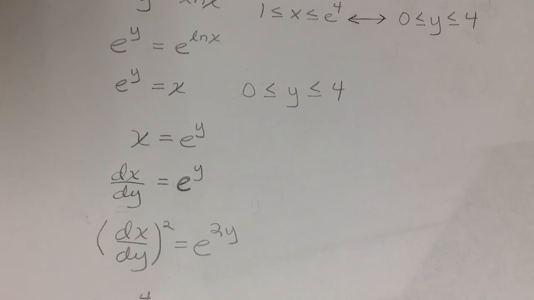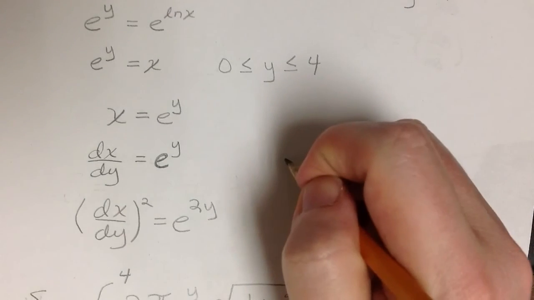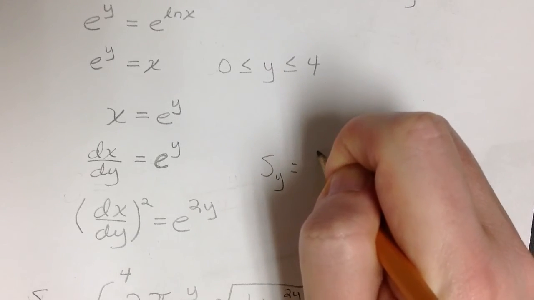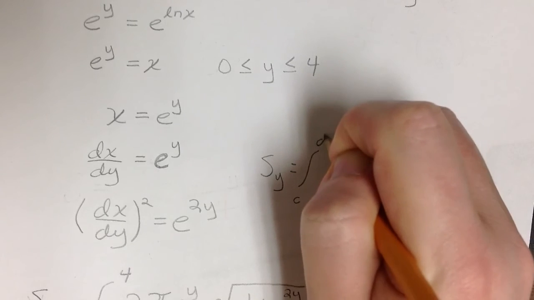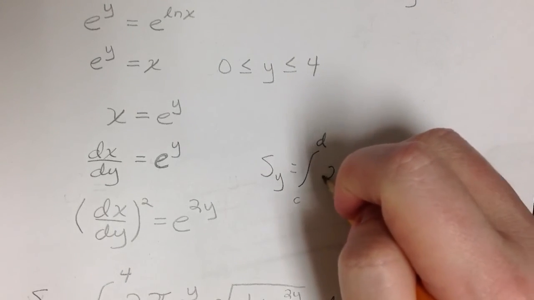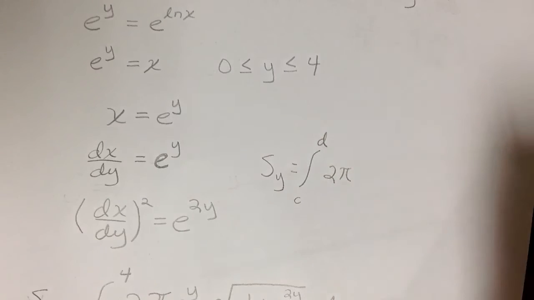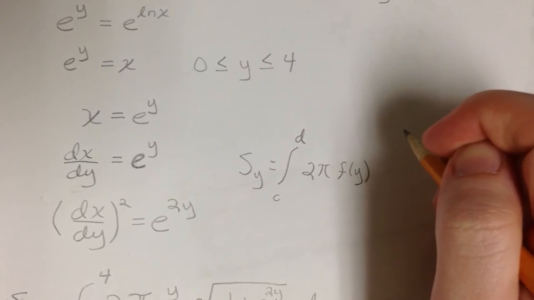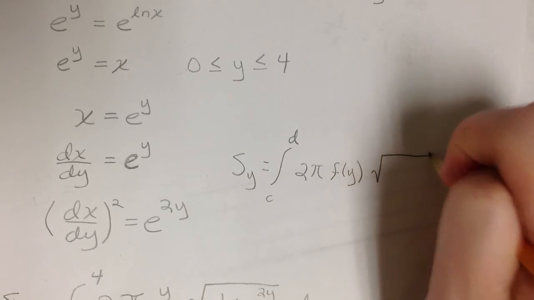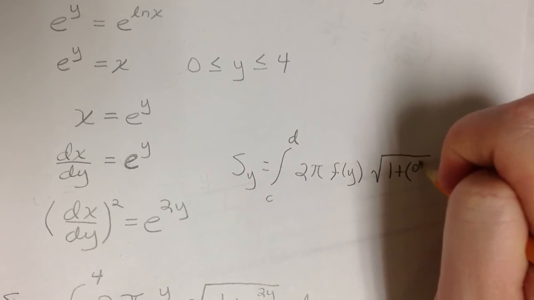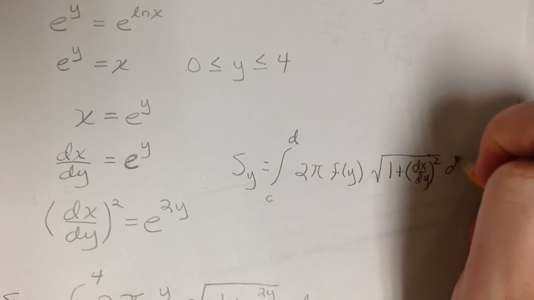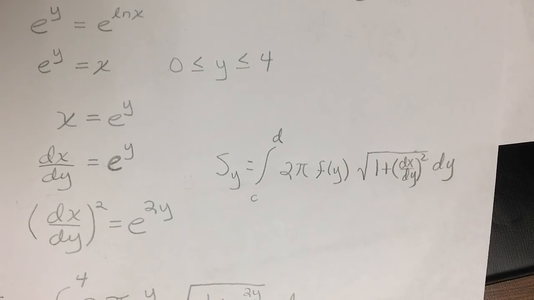And in terms of what we have in the initial setup, so as to determine the area of surface about the y-axis, again, we have for the general terms, going from, say, point C to point D, we're now looking at 2 times pi times f of y, and then we have times the square root of 1 plus the square of the derivative dx to dy, and again integrating over y itself.